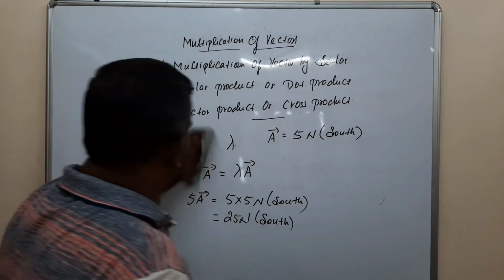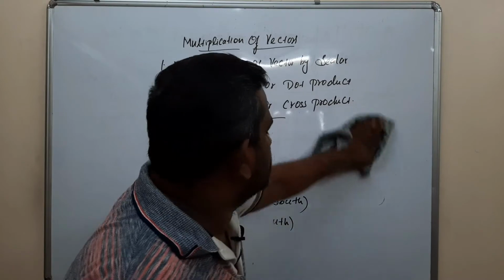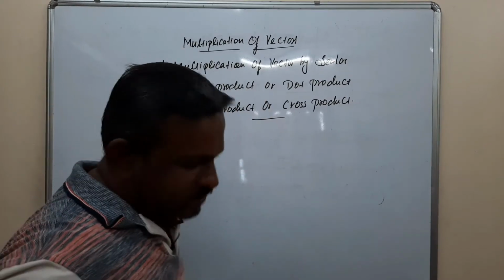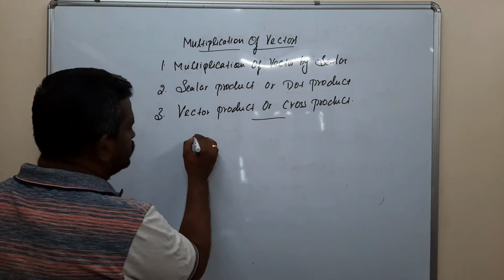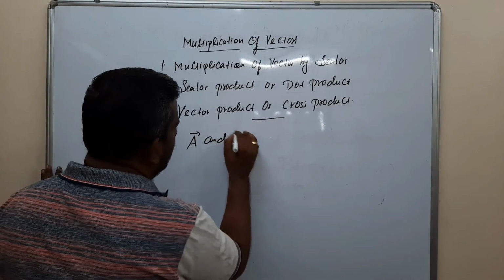Then next is scalar product or dot product of vectors. This is multiplying two vectors. Consider two vectors, A vector and B vector.